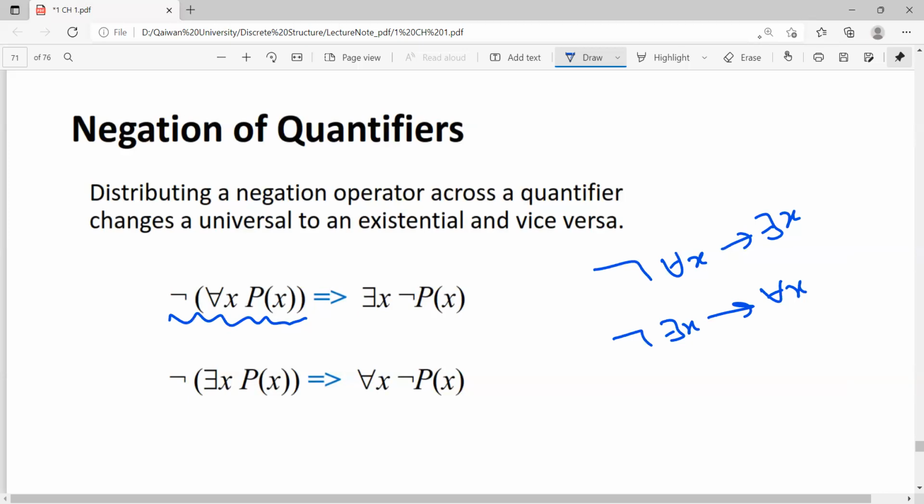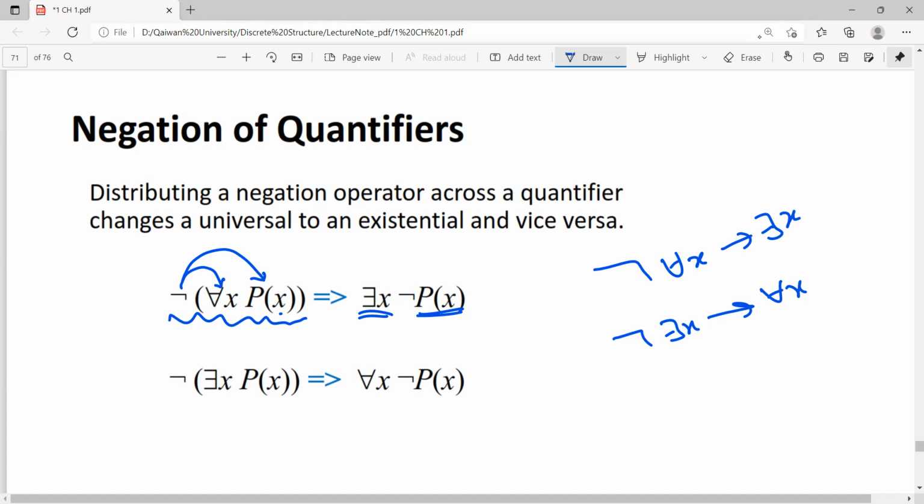Here we have negation of for all x p of x. This negation applies to the quantifier and to the statement also. When you apply it to the for all, it becomes there exists. And if you apply it to the statement, we get the negation of the statement. So the negation of for all x p of x is there exists x negation p of x.